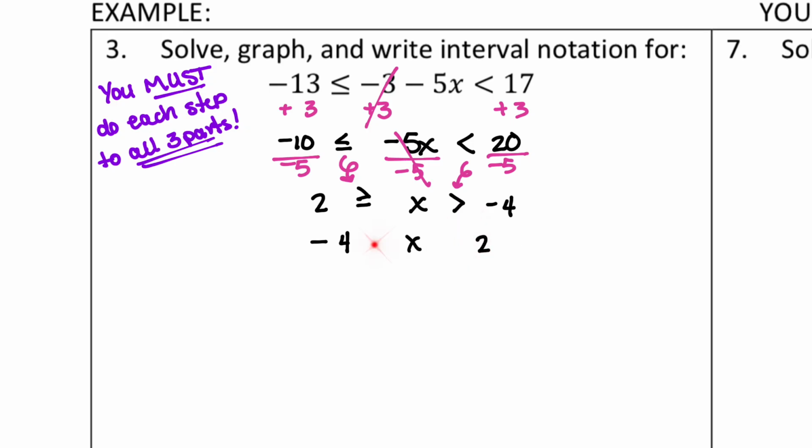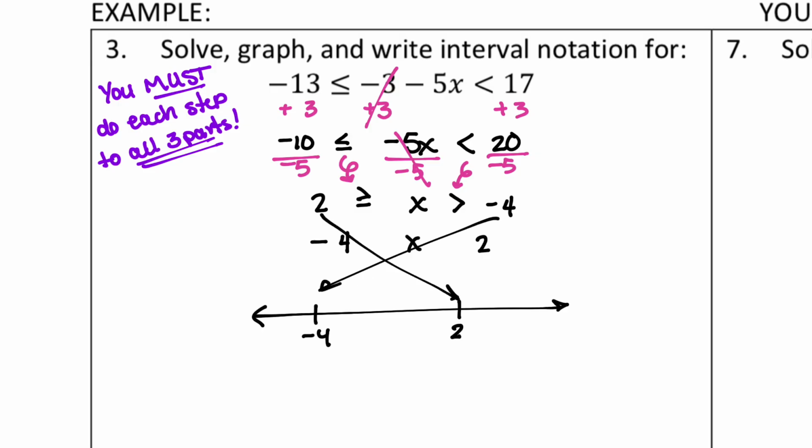This was a positive, this was a negative. This is bigger than this. These two numbers need to follow your number line. So negative 4 comes first, positive 2 comes second, and they need to go in that order. They can't switch. That's a no-no.